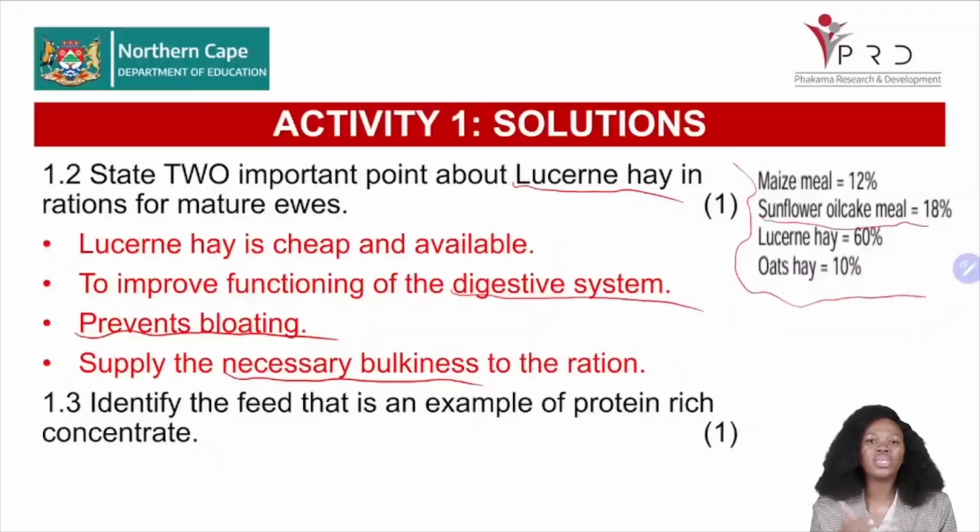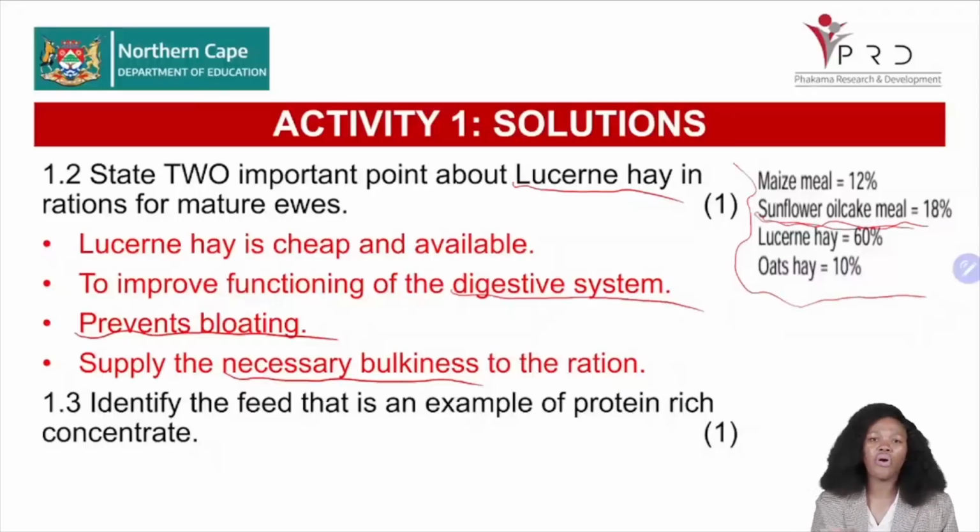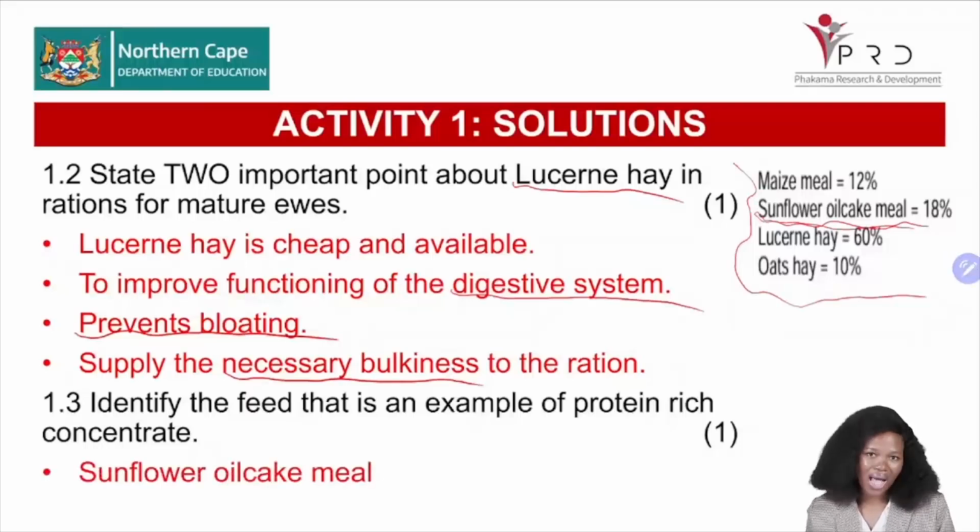So you don't just create your own and start telling us about linseed or soybean. No. You identify from the information that we have. From this information, there is only one concentrate that is protein rich, and that is the sunflower oil cake meal. So you write in full, sunflower oil cake meal. So these should be your answers.